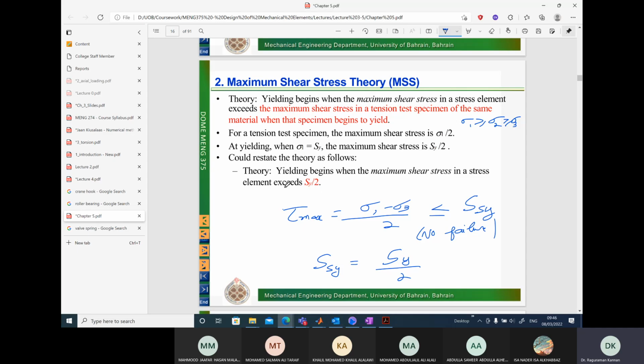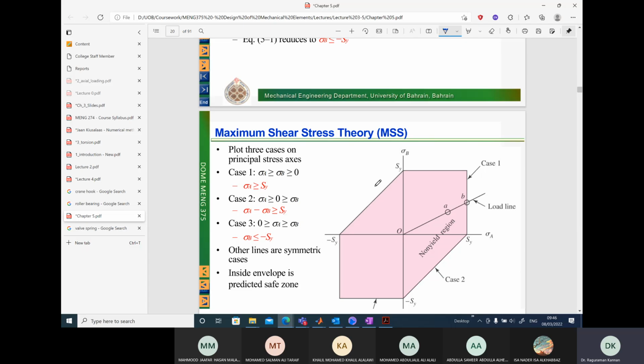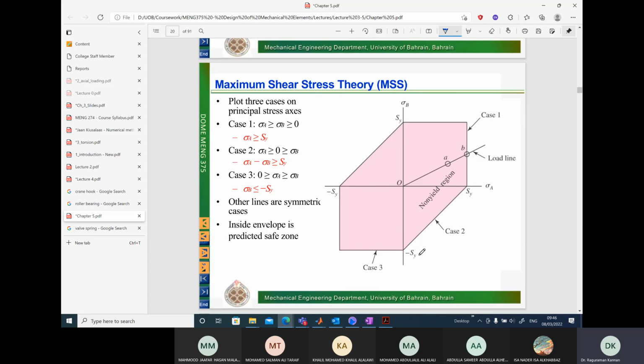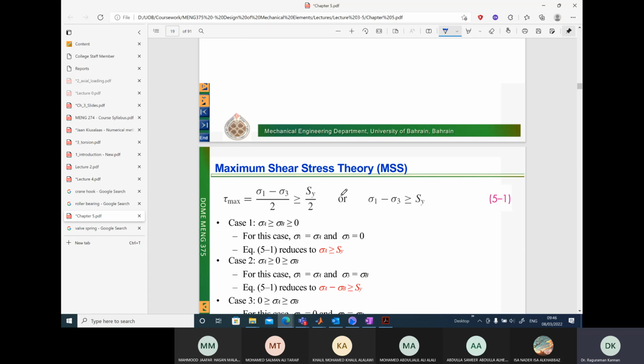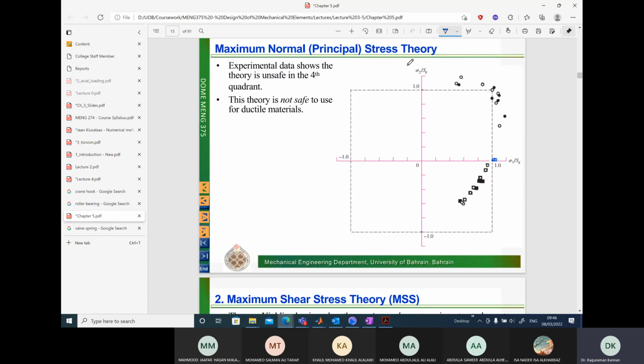So let's apply this theory in the 2D case and see what the failure envelope is. If you look at the failure envelope, let's just go to the failure envelope first and then come back. This is how it looks. Very different from the failure envelope we have seen before, which just looks like a square here for isotropic homogeneous material.